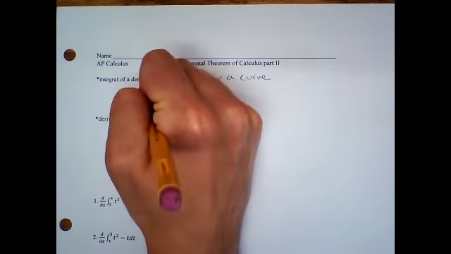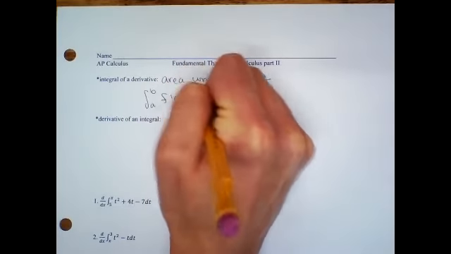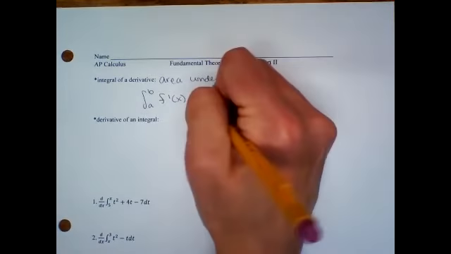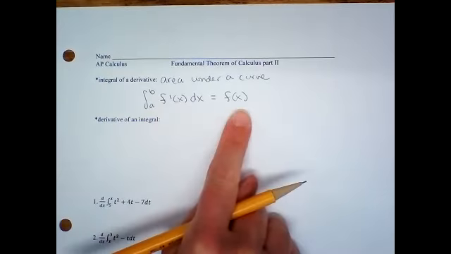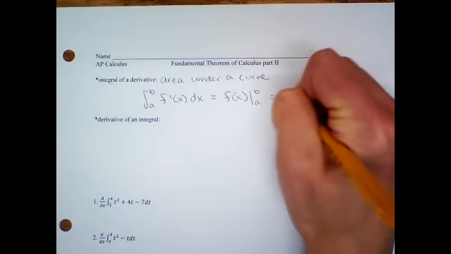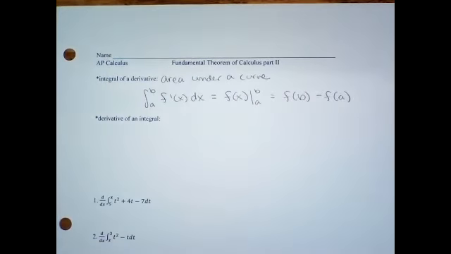And so it is integral from a to b, f prime of x dx, which would give you f of x, integral and derivative cancel each other out. So you just have f of x from a to b, and you do upper boundary minus lower boundary. So that is your fundamental theorem of calculus. You take an antiderivative, upper boundary minus lower boundary.